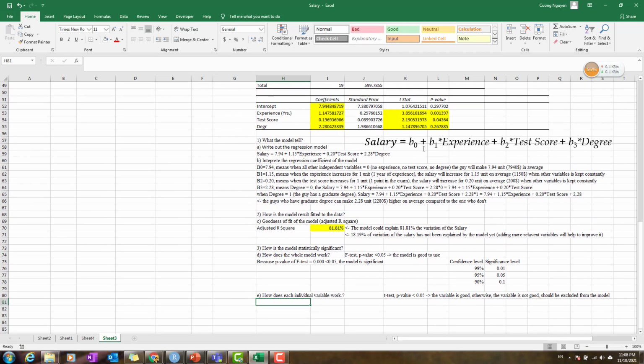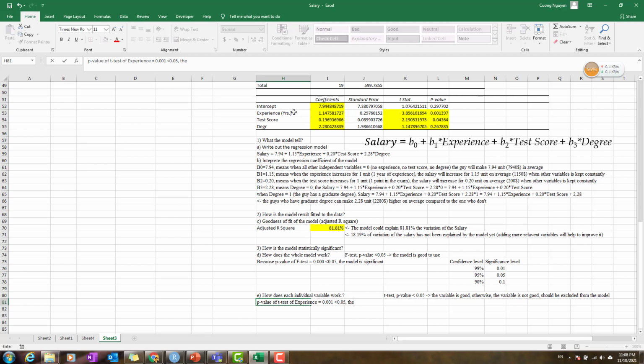Now let's check it. We look at the p-values. The p-value of the t-test for the variable experience is equal to 0.001, which is smaller than 0.05.